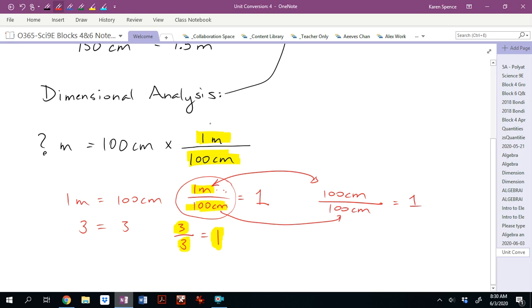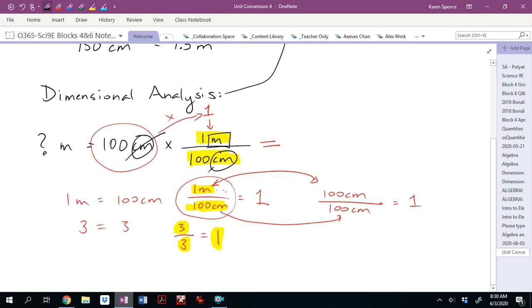And so the nice thing about this is if I have here the number 1, then if I take this number and I multiply it by 1, I'm going to end up with something that is equal. And in this case, all I have done is changed the units. So I am changing from centimeters into my final unit of meters.